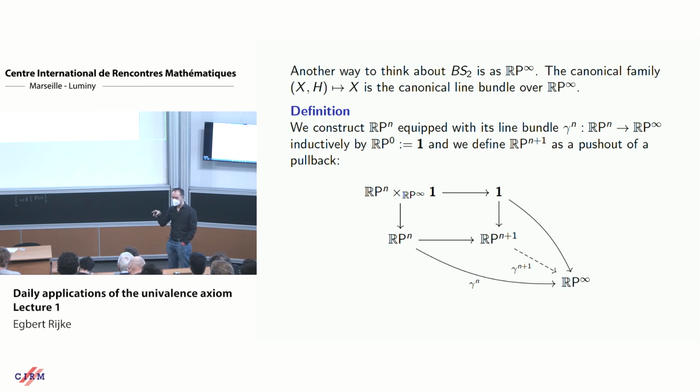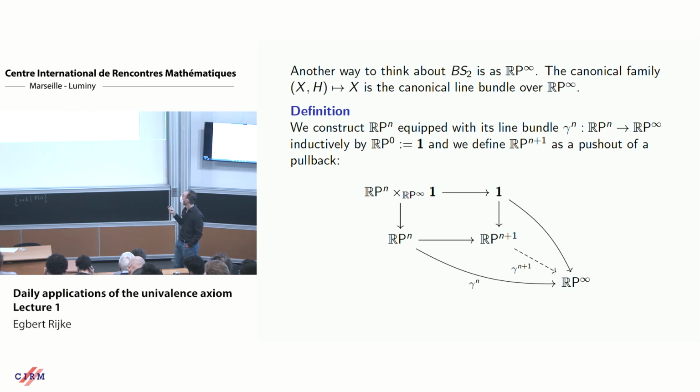Of course you can think, okay, there should be lines in R^n. But we want to construct the homotopy types of the real projective spaces. And what we do to get these is we look at this BS2 again and say, aha, this is the homotopy type of RP infinity, because RP infinity has one fundamental group, which is Z2, and it has no higher homotopy groups.